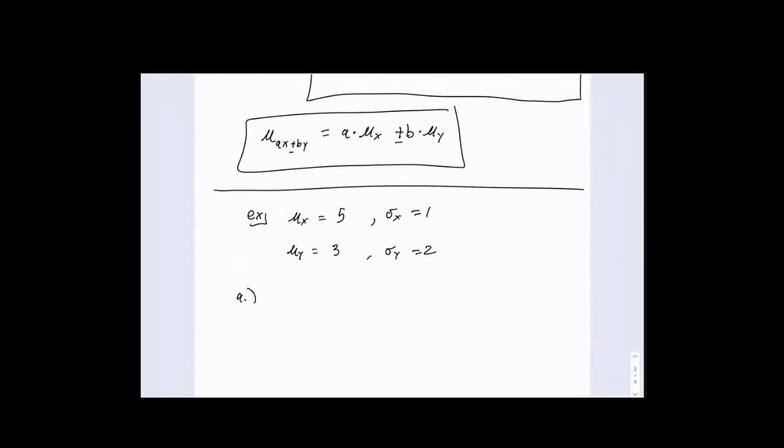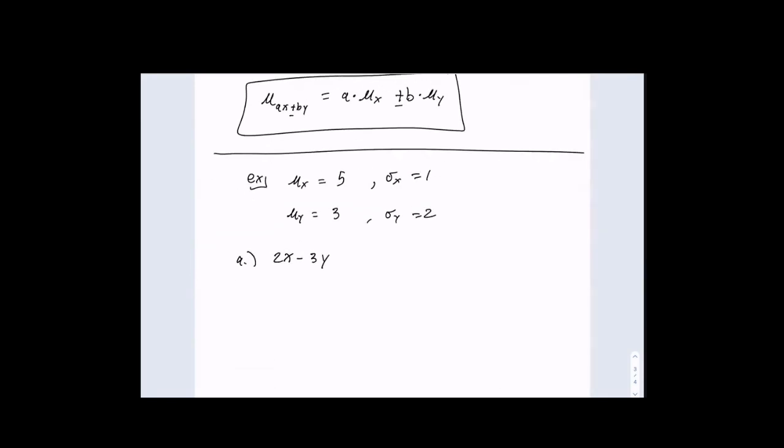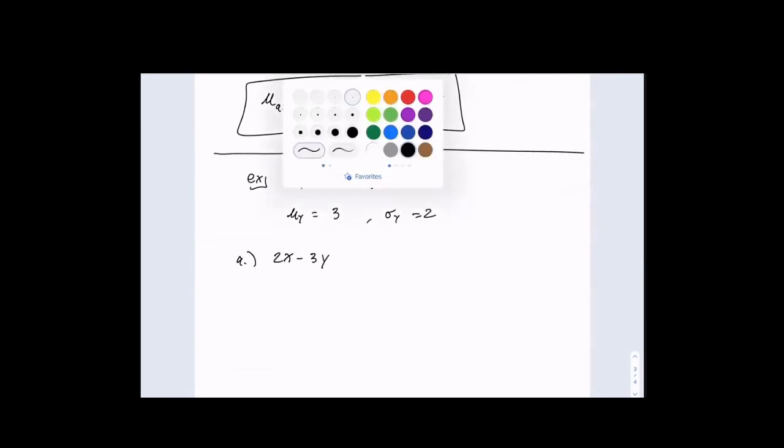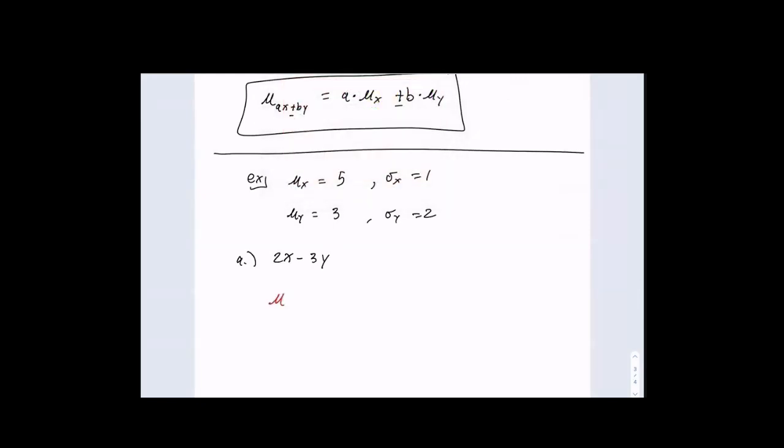If I had, and this is how your homework will look, 2x minus 3y, and I want to find the mean of that, then the mean of 2x minus 3y is exactly like I would think it would be. It would be 2 times the mean of x minus 3 times the mean of y.